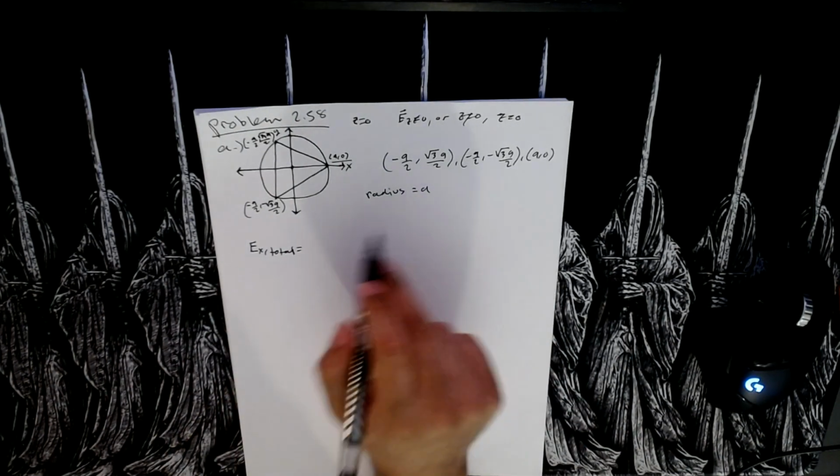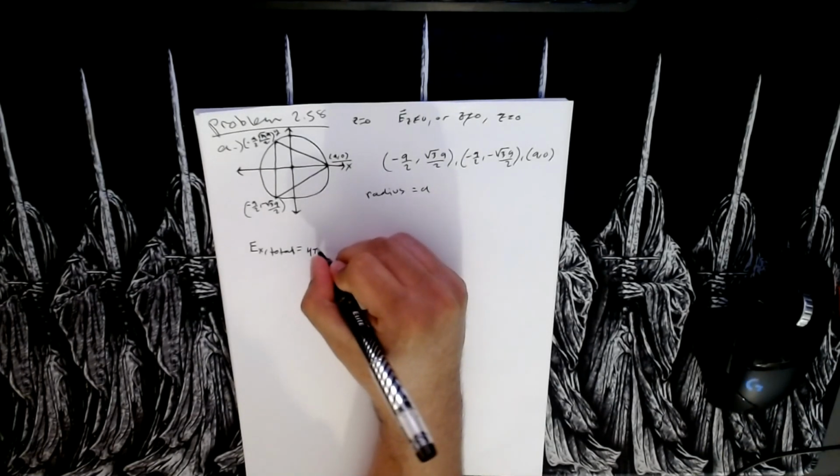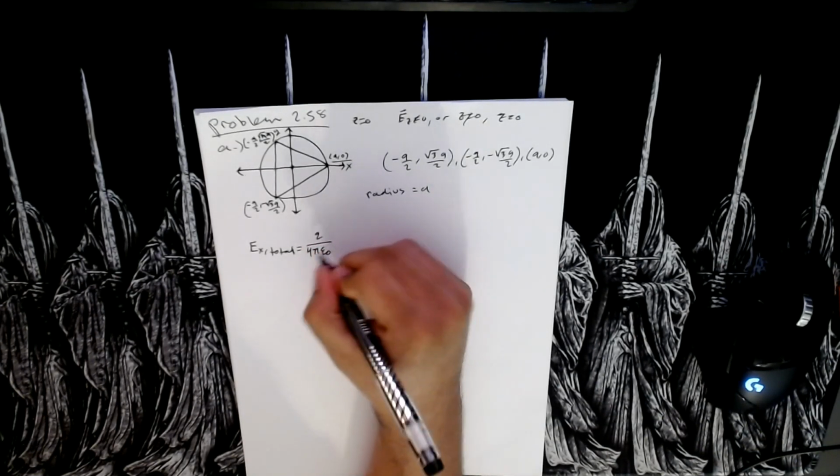From there we can see, well, for sure we're going to have q over 4 pi epsilon naught.